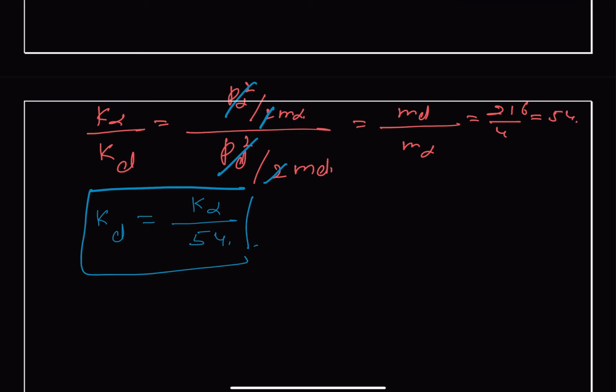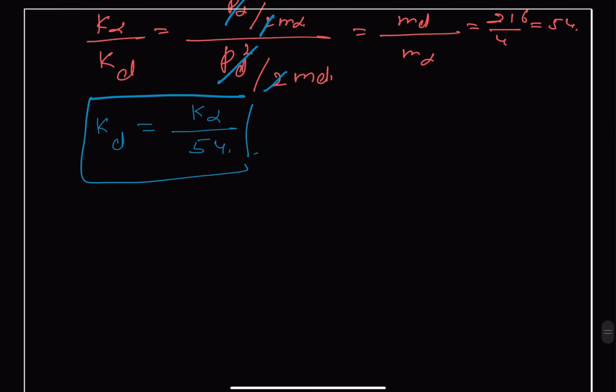Now we can also use that the total kinetic energy is equal to the energy released. Total kinetic energy is equal to Q, and total kinetic energy is kinetic energy of alpha plus kinetic energy of daughter, since the parent was at rest, its value is 0. This equals Q, which is 5.5 mega electron volt.